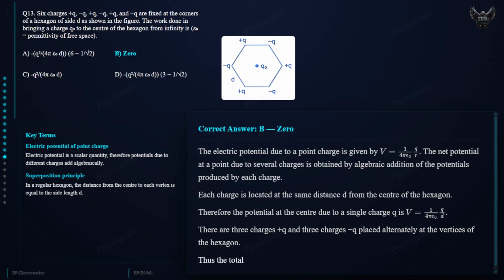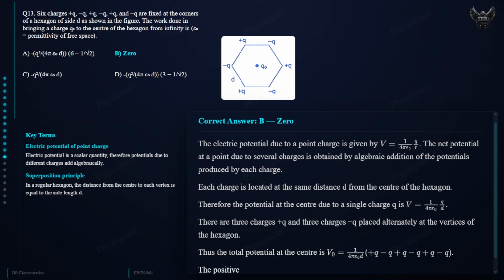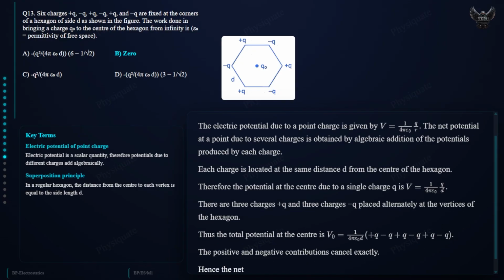Thus the total potential at the center is V0 equals 1 divided by 4 pi epsilon 0 d, times plus Q minus Q plus Q minus Q plus Q minus Q. The positive and negative contributions cancel exactly. Hence the net electric potential at the center becomes V0 equals 0.